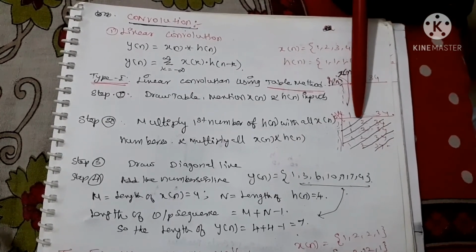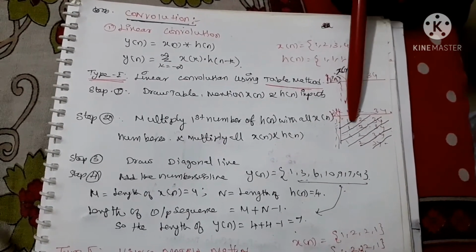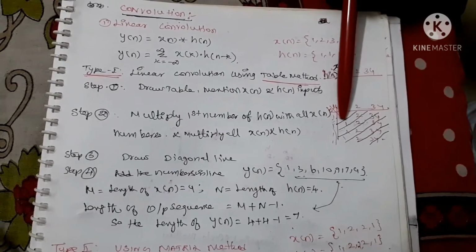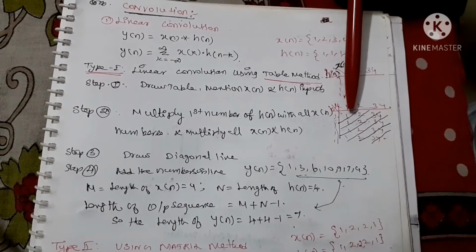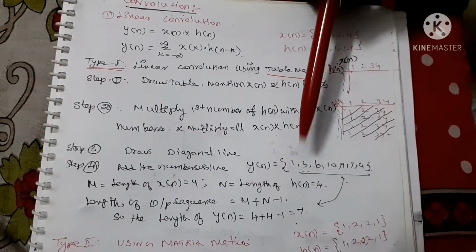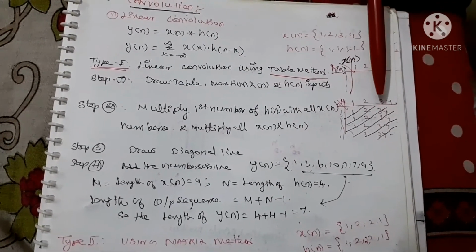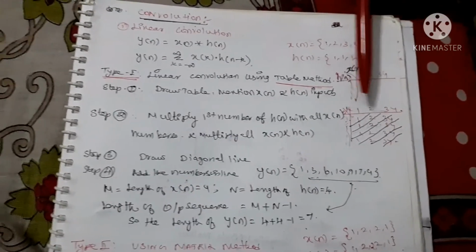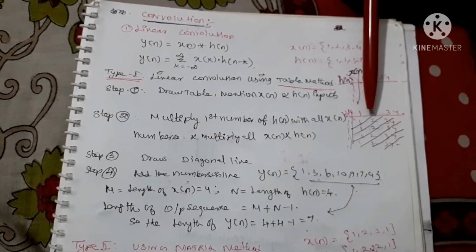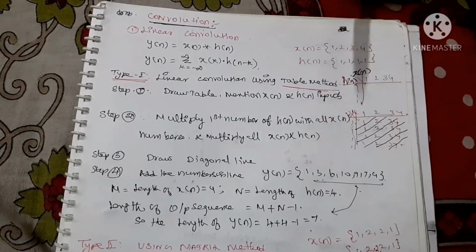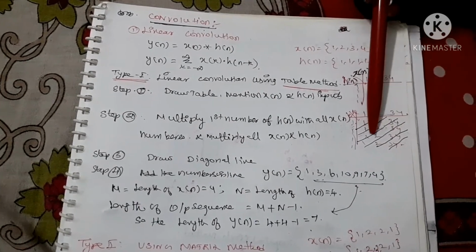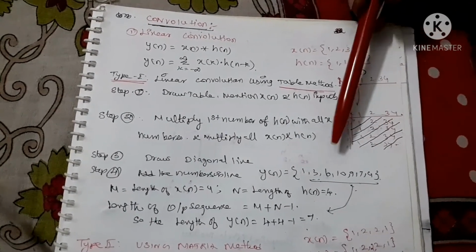Then another step is you add the values in between the two lines. So the first one is 1, only one number, so we take it as the first value of the output. Second value, in these two lines 1 2, so 1 plus 2 is 3. Then another line 1 2 3, so 1 plus 2 plus 3 is 6.